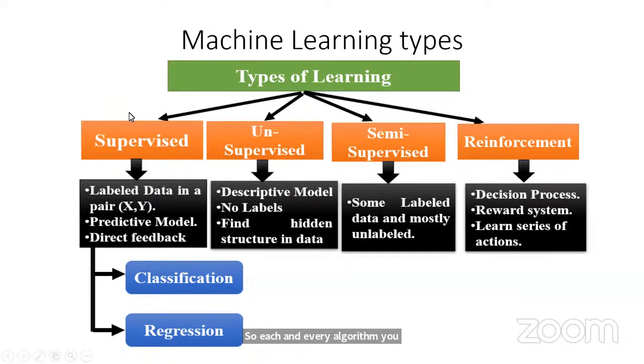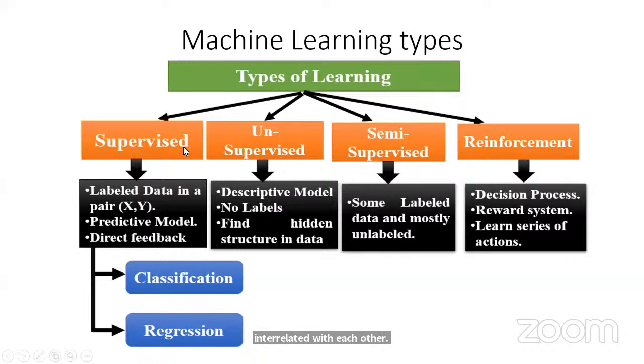Each and every algorithm works in some specific manner and requires some specific type of data. So depending upon the requirement of the data, we divide machine learning types into 4 categories. The first is supervised learning, and the opposite of supervised learning is unsupervised learning. These two are interrelated with each other, so first we will focus on these.